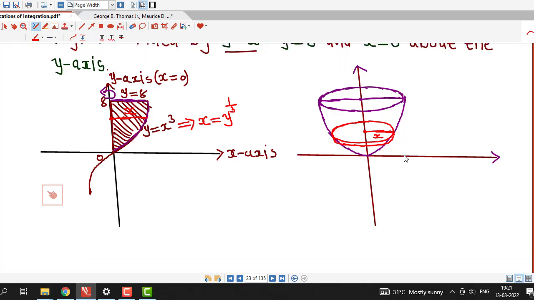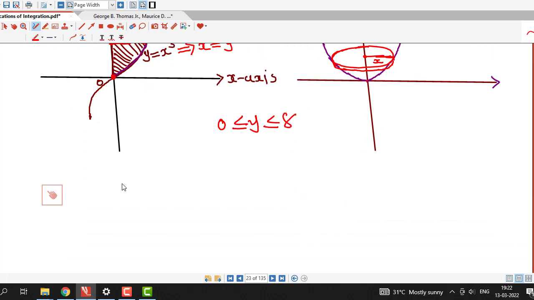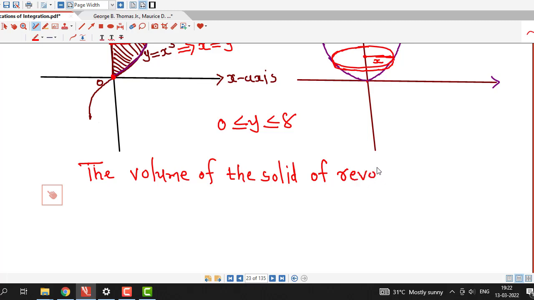So now once we obtain the radius, we have to consider limits of integration for variable y. So y starts from y equal to 0 and we have to go up to 8. So we consider limits of integration for variable y are from 0 to 8. And now we can find out the volume of the solid which is generated by revolution about y-axis.